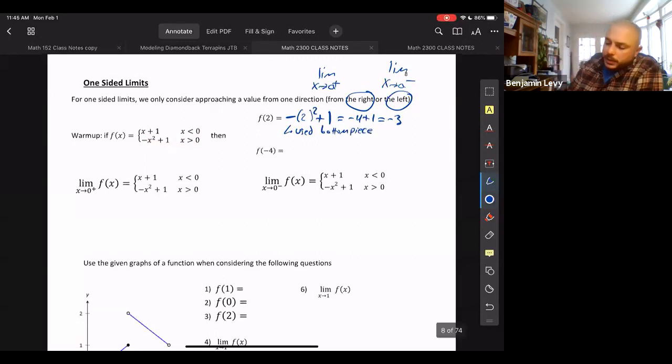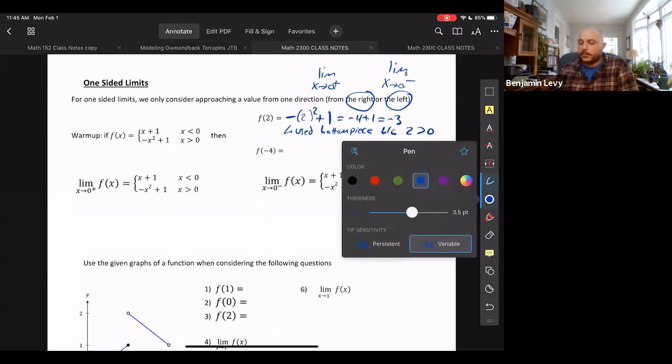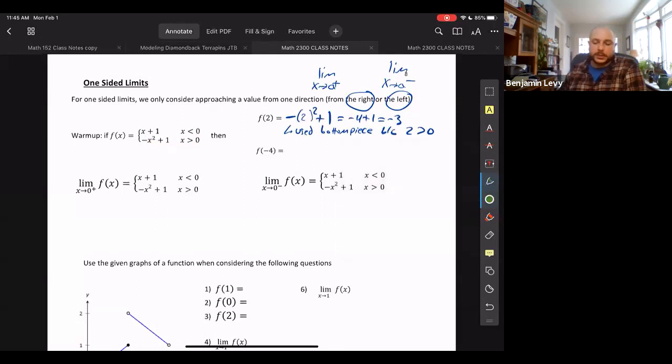We use the bottom piece because 2 is bigger than 0. We plugged a 2 in, and this function tells us to use the bottom piece for bigger than 0. See how that worked? It's really straightforward, but I know when you first look at piecewise functions, they look really intimidating. So I like to start by reminding you how they work and what they mean.